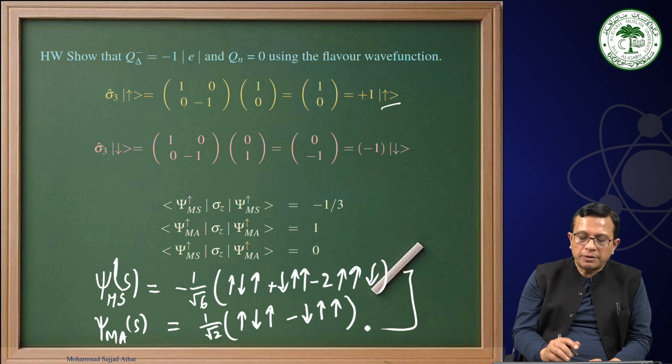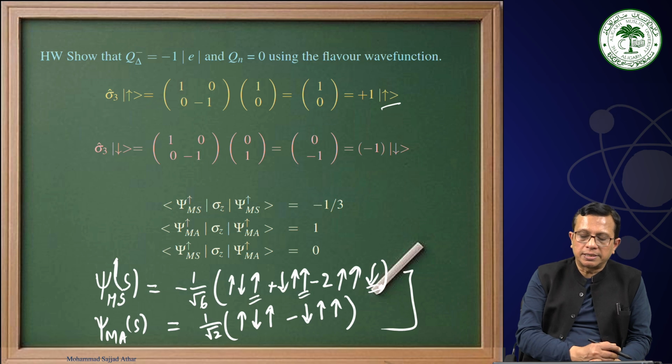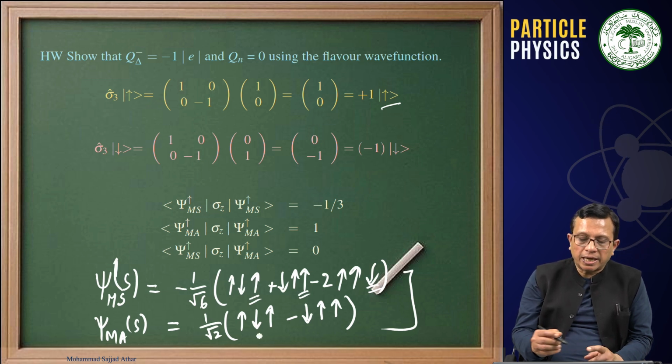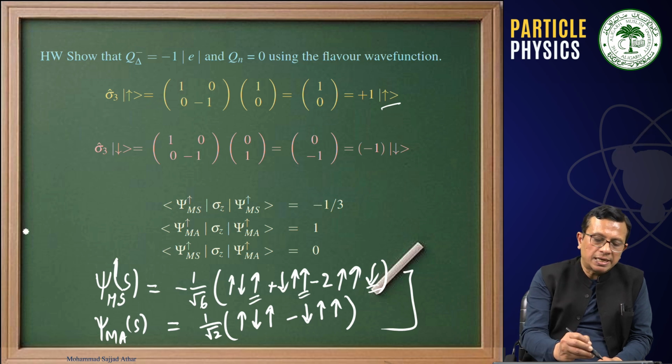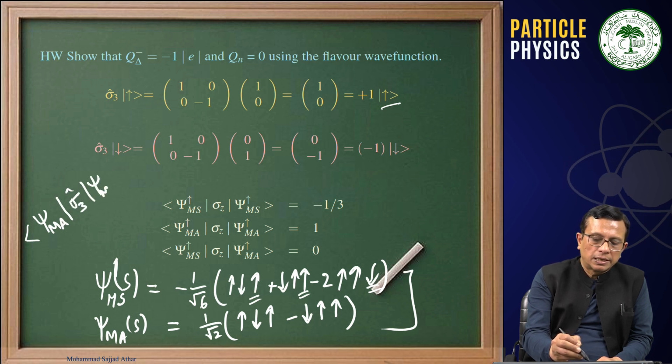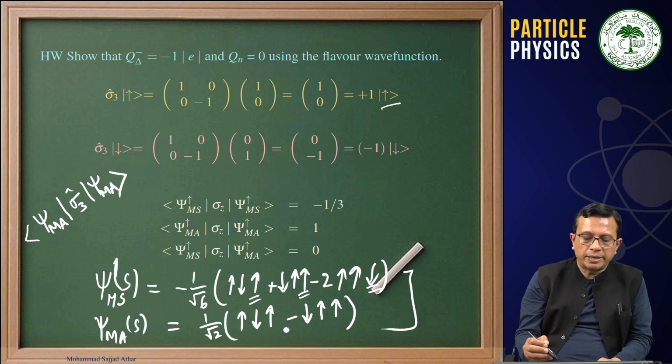Now, sigma 3 will operate here. These are all orthogonal states. Therefore, we can calculate what will be this value. For example, what will be the value for MA, sigma 3, MA here?